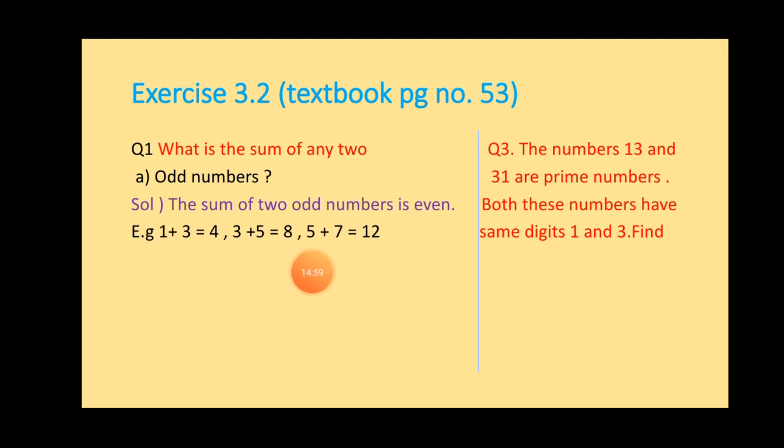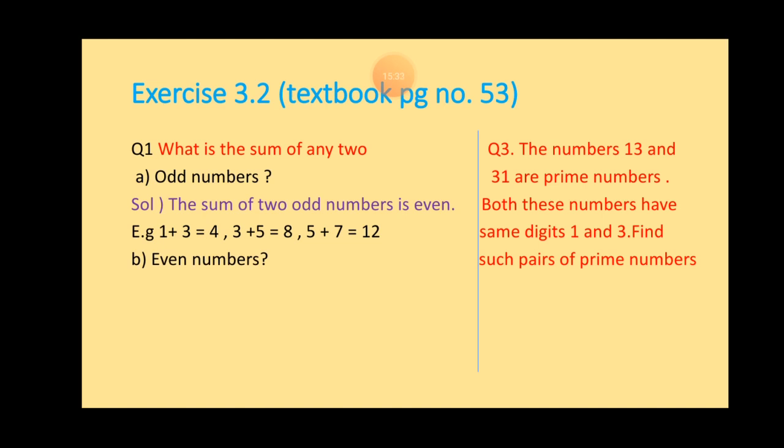In the same manner, if I take two odd numbers, let's say 5 and 7, when we took their sum, we obtained 12. And here you can notice that every time after getting the sum, we have obtained an even number. Here 4, 8 and 12, all these sums obtained after adding two odd numbers, are even numbers.